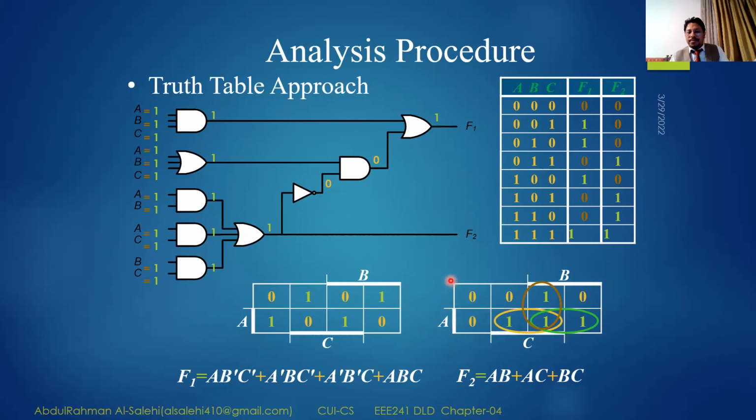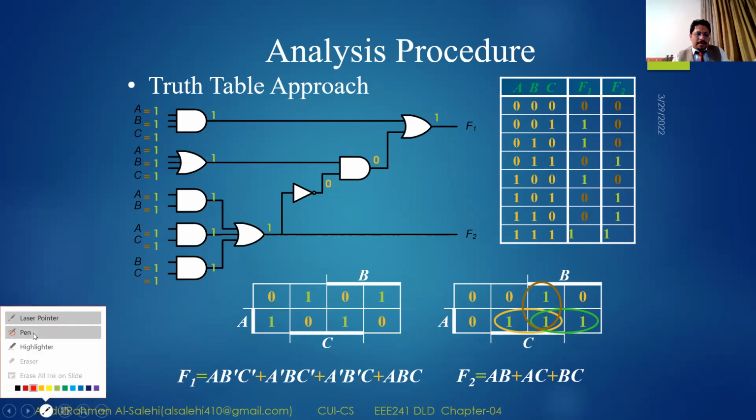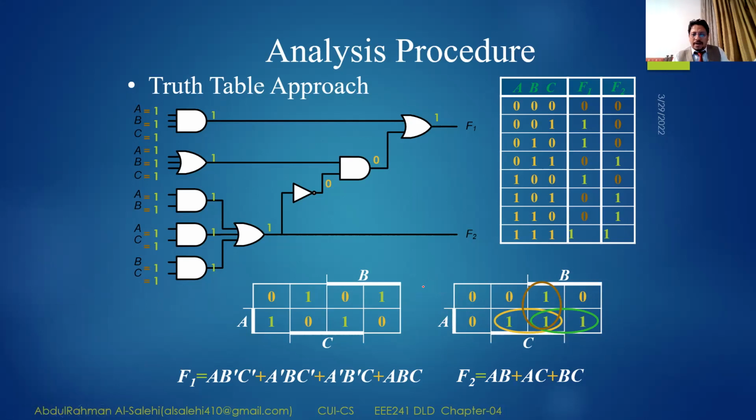Here I have, as in the previous time, like you remember what we were saying, this one is A here, right? And what is here? B and C. Okay, so this is 0, 0. This is 0, 1.